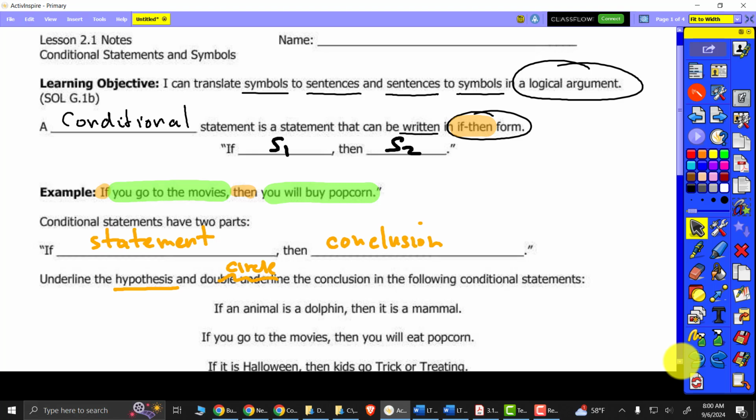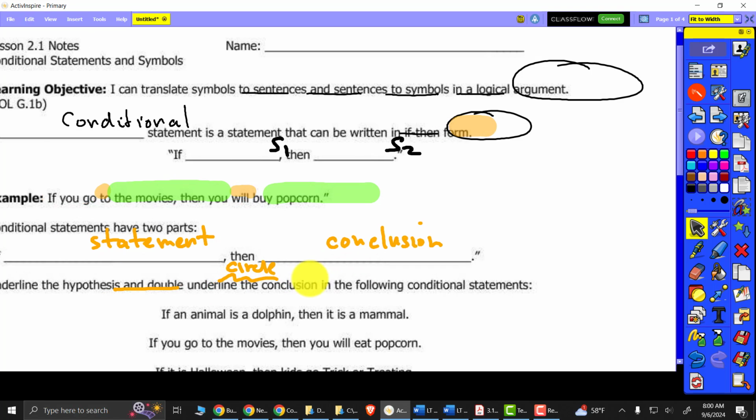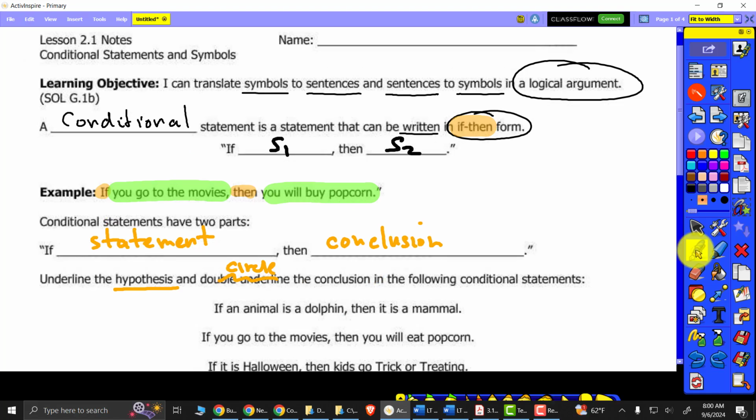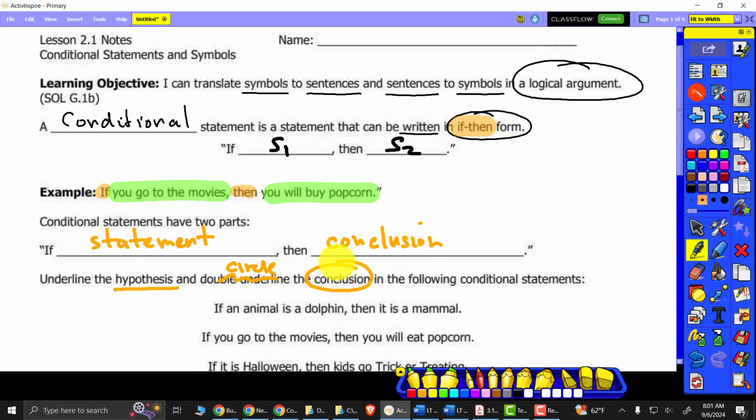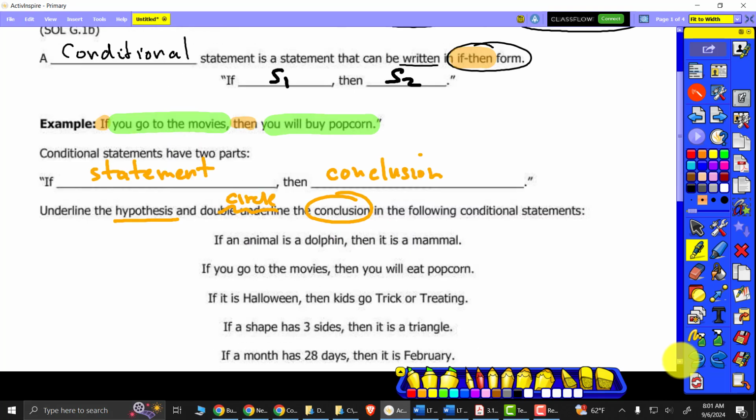So now we are going to have some examples. Let's go ahead and underline the hypothesis, but we are going to circle the conclusion. So whenever you see a conclusion, you put a circle around it. Okay? So all of these are examples of conditional statements.